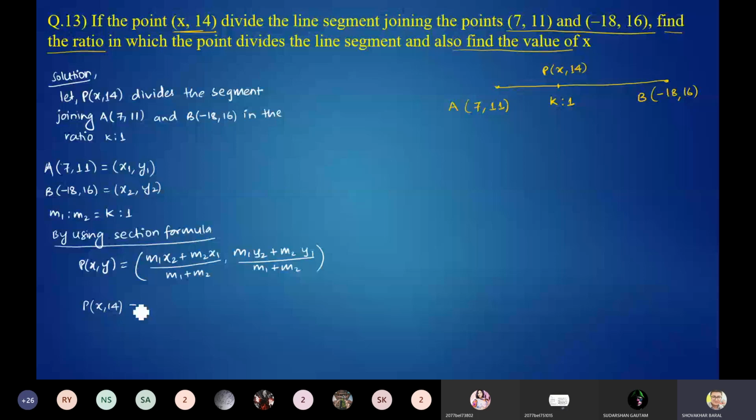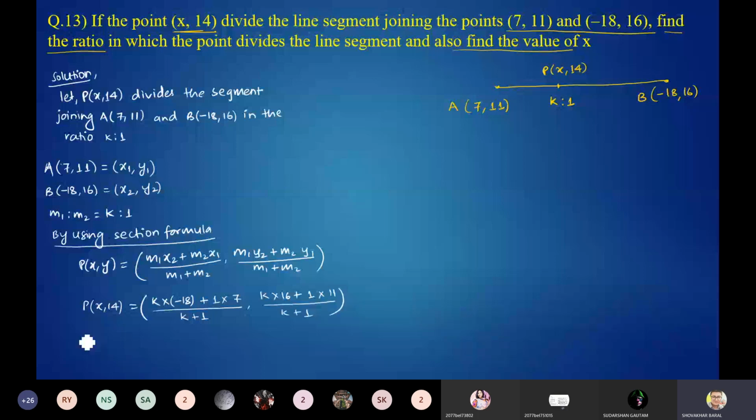Whole upon k plus 1, comma, m1 is k times y2 which is 16, plus m2 is 1 times y1 which is 11, so whole upon k plus 1.